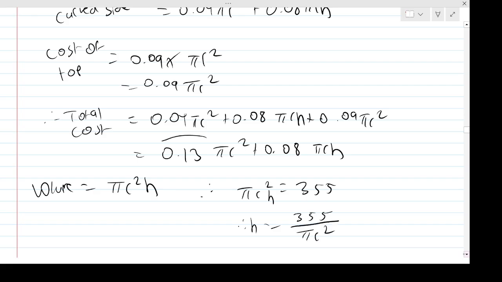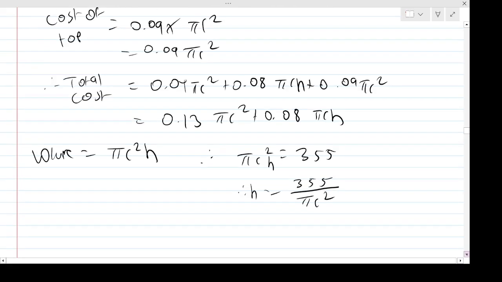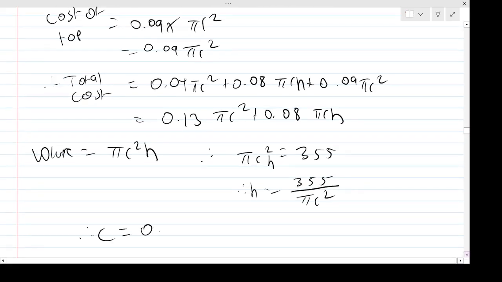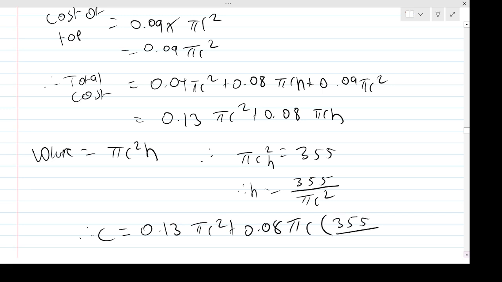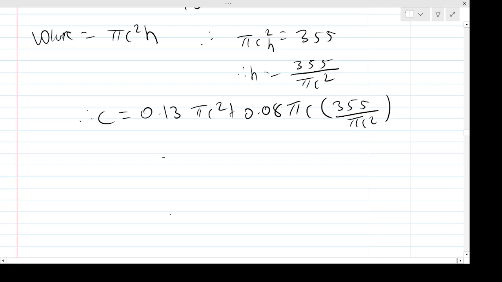Then I can substitute that into my cost C. So C is going to be 0.13 pi r squared add 0.08 lots of pi r of h, which I can then substitute h in. So 355 divided by pi r squared. Okay, so then I can multiply the top.